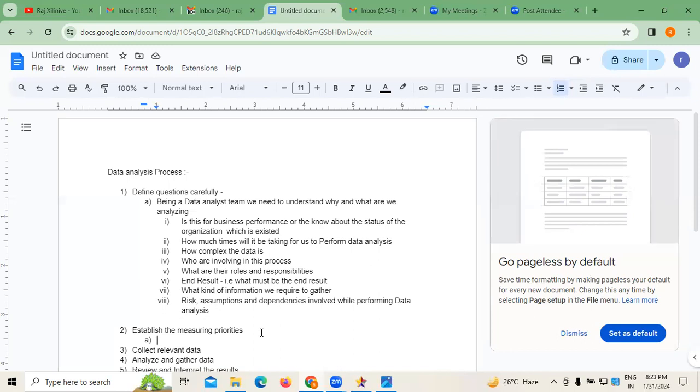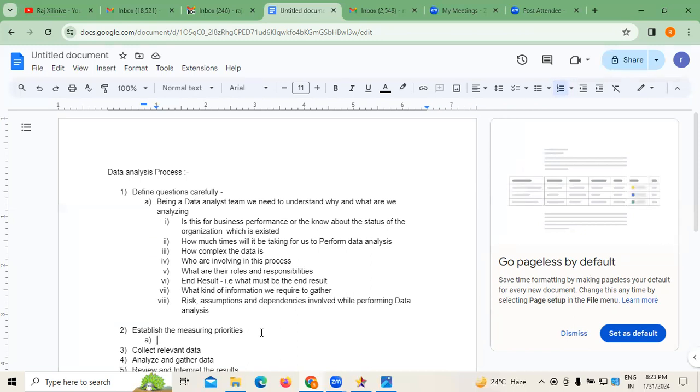Yes or no? Yes, sir. Right. So priority items will vary. Even though we are working in the role of a BA, a quality analyst or a data analyst, we have to establish the priorities first, right? How to measure the priorities is something we have to see.